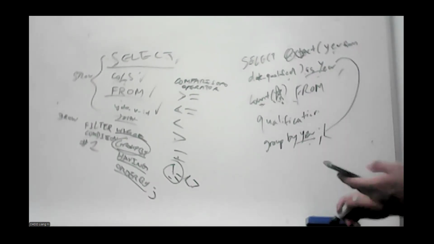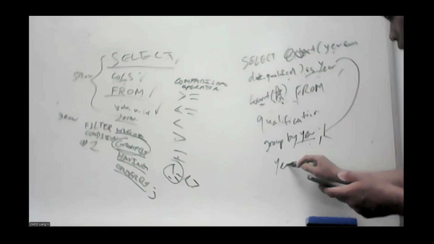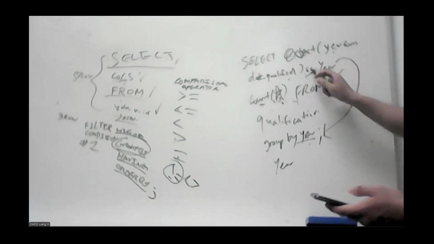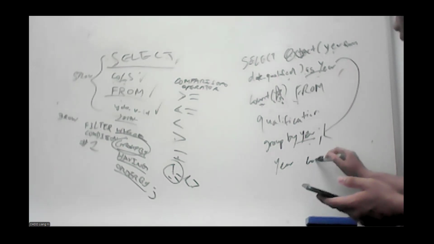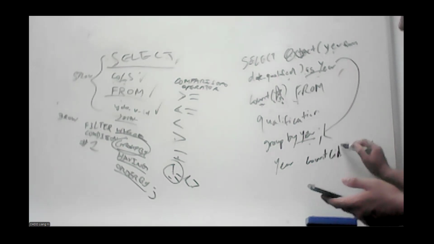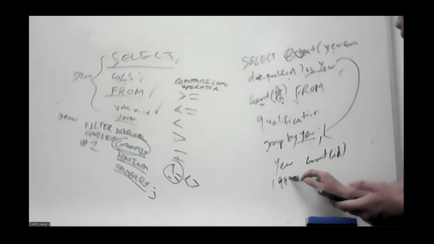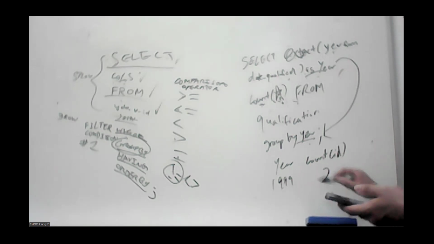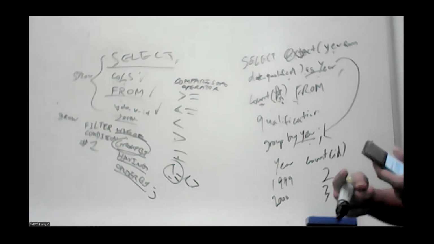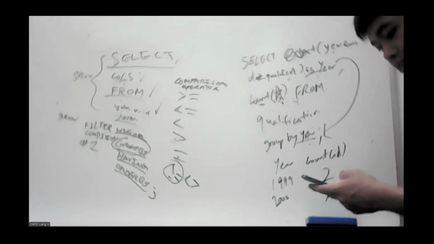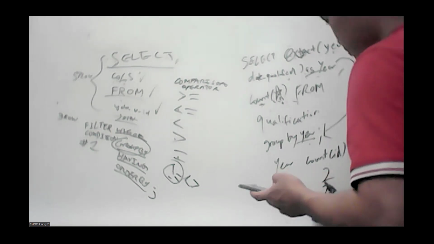Then this one, what you return, for example, you return 2 columns because you select only 2 columns: year, count ID. You return 1999. There were two rows from qualification where the year is 1999, then 2003.